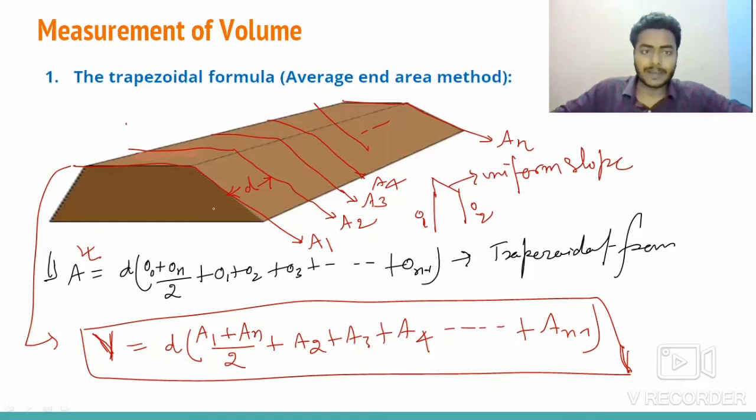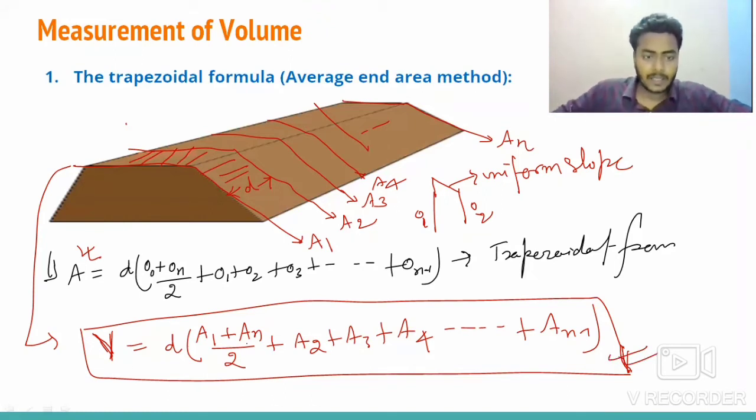In this case also, like in the figure, A1 will be equal to A2, but suppose you are getting some different value. So in between these two, A1 and A2, you will find a uniform slope, like this. So there is an assumption, and we will apply this.